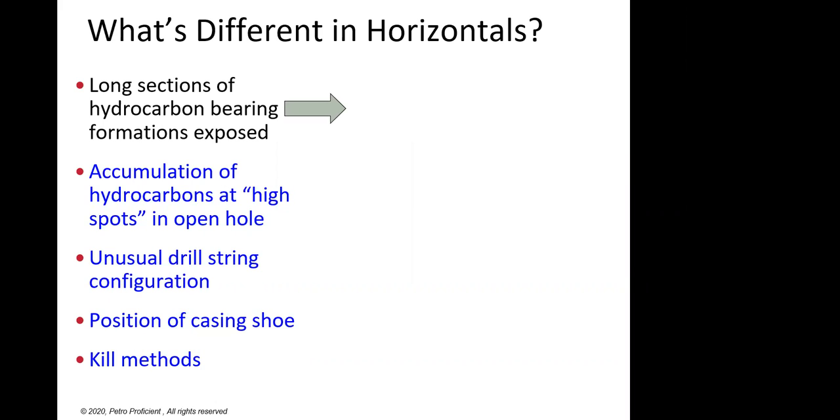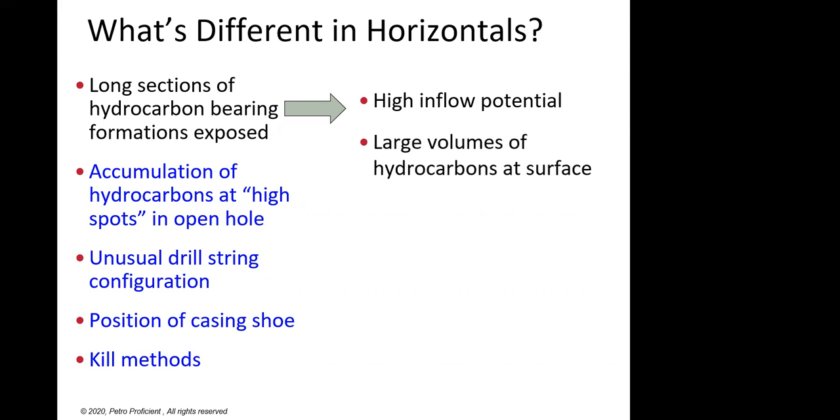Since you have an unusual drill string configuration, stabilizers and so on, this can cause other issues. The position of the casing shoe is important, and the kill method is also important to determine. It might change. A longer exposed section can cause a high inflow of hydrocarbons.